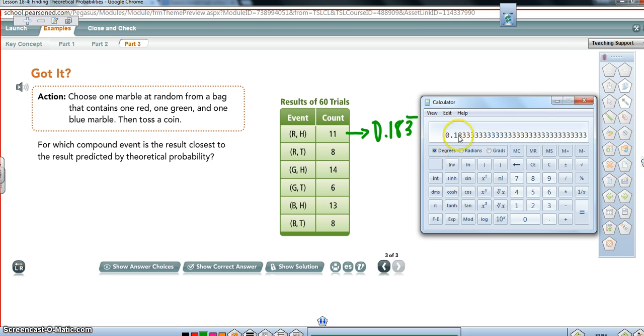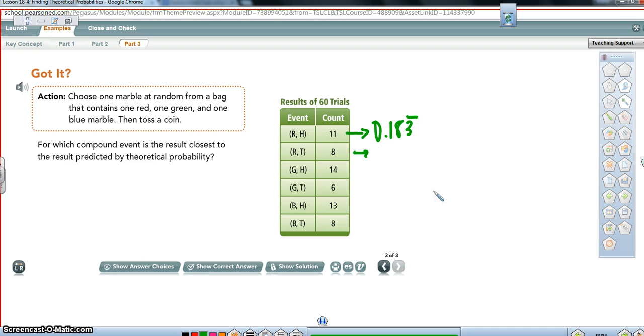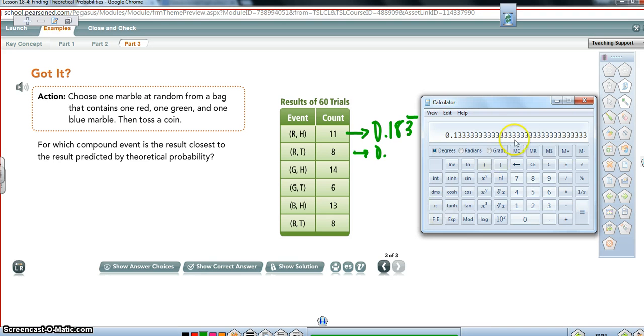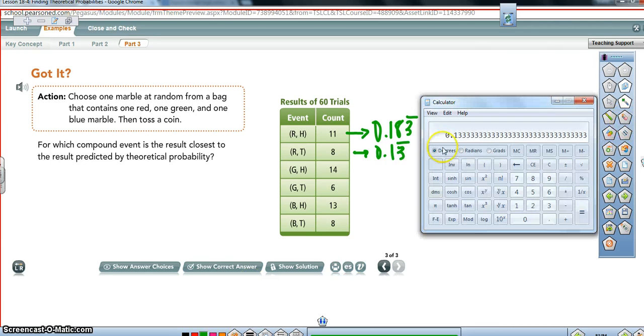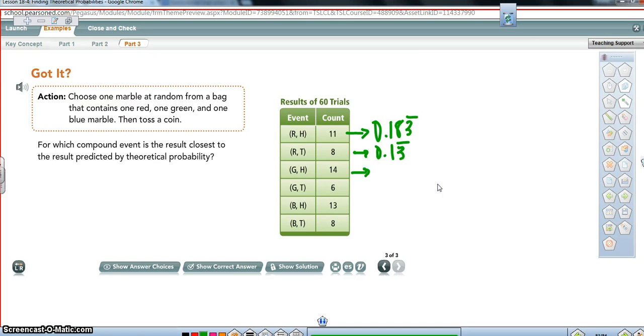We got red with tails 8 out of the 60 total times. Green with heads 14 out of the 60 times. Remember, these are all experimental probabilities because we are running a trial and seeing how many times we got each one.